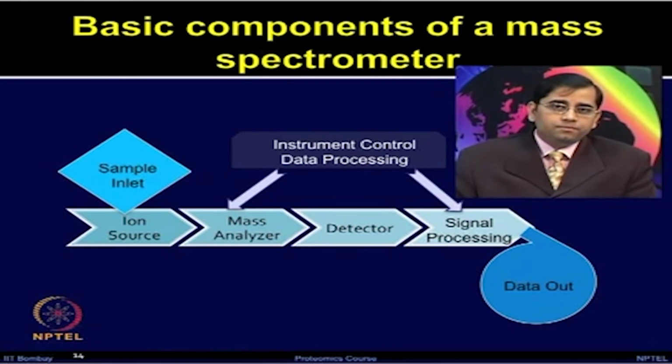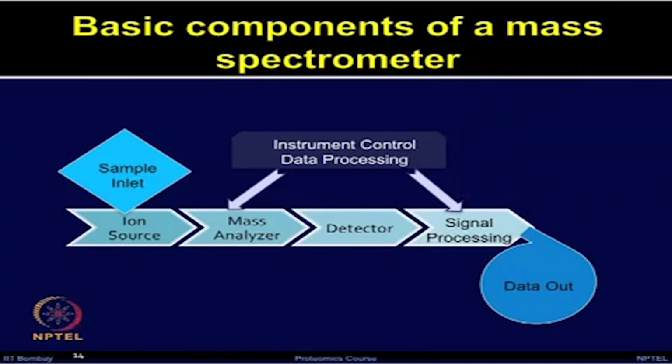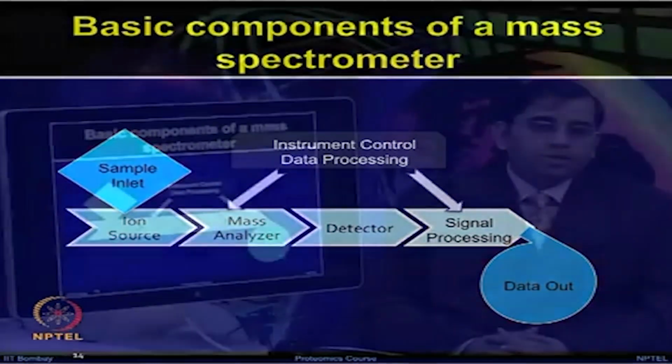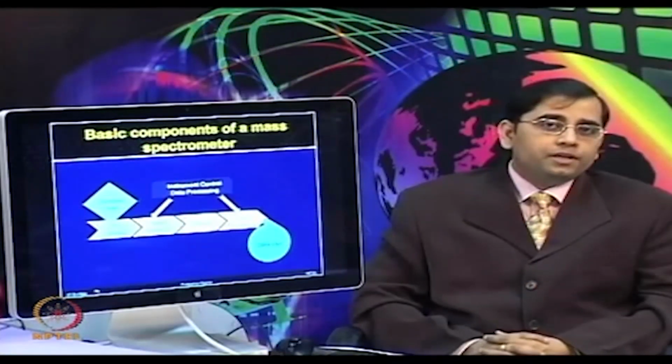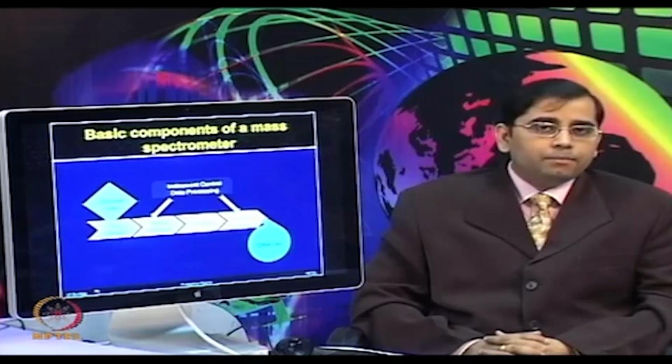Mass analyzers separate and analyze the mass of the ionic species. There are various types of mass analyzers available, which we will discuss in more detail during the subsequent part of the lecture. Now, one needs to maintain the vacuum condition. A very low pressure is maintained inside the mass spectrometer.